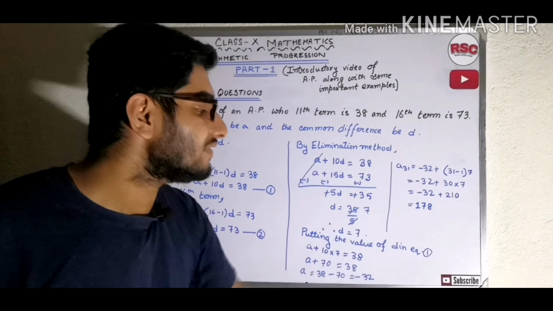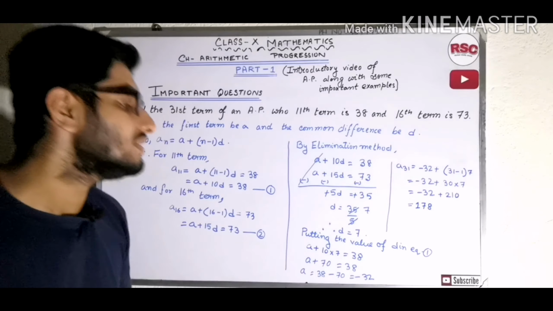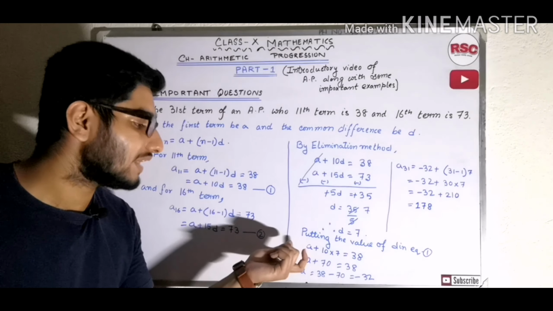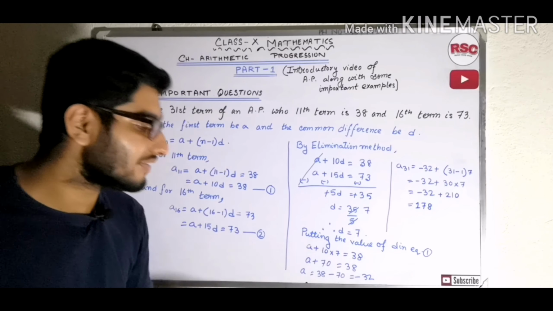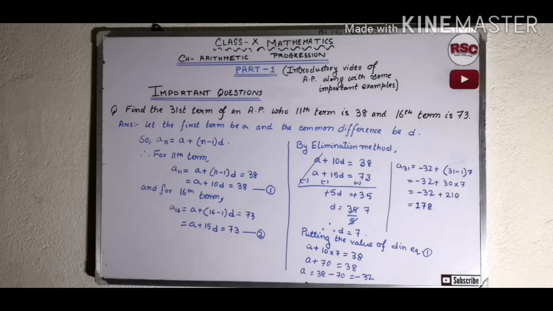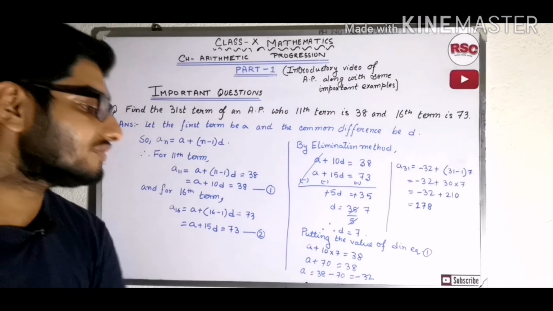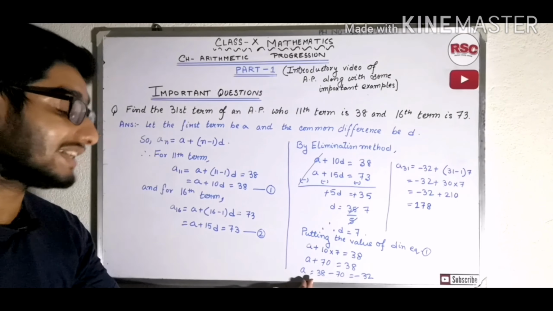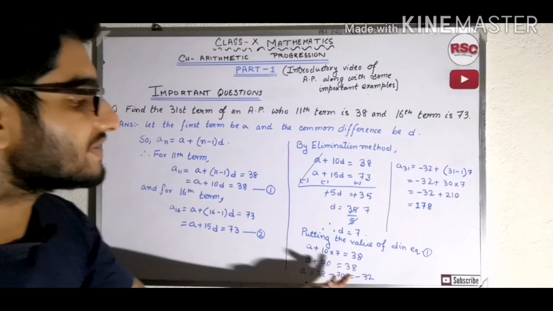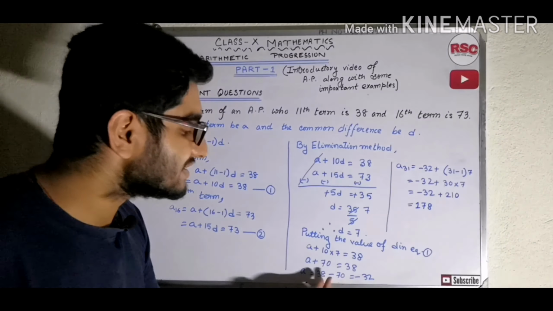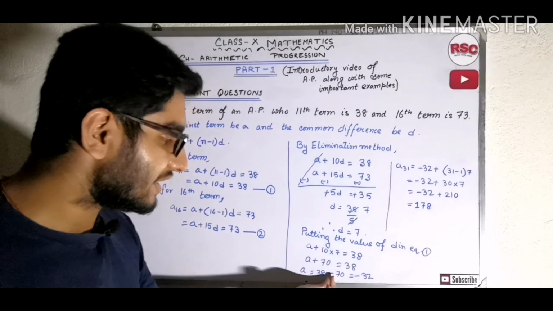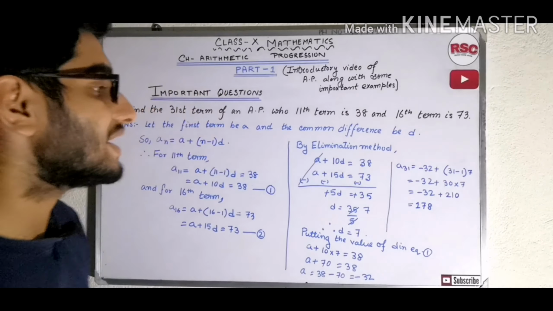Now I put the value of d in equation 1, so it becomes a plus 10 into 7 equals 38. Now 10 into 7 is 70, so a plus 70 equals 38. Taking the 70 to the opposite side, it becomes 38 minus 70, which equals minus 32, since 70 is greater, so it becomes minus 32.